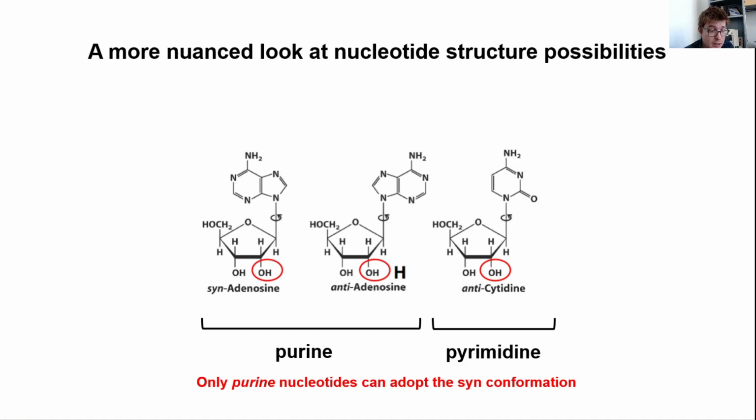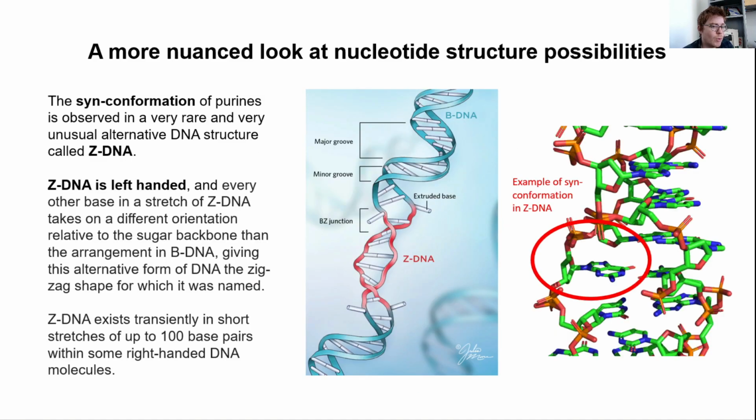Now, if you're thinking about syn conformations, it is worth noting that only purines are capable of adopting the syn conformation, and that's because pyrimidines, which always have this carbonyl group like here, if you rotate this around and try to put it in the syn conformation, it's just too sterically hindered to be a viable conformation. Whereas in your purines, in the syn conformation, you just have this nitrogen there, and so it's not impossible to adopt this structure. Now, where in biology are you going to see syn nucleotides?